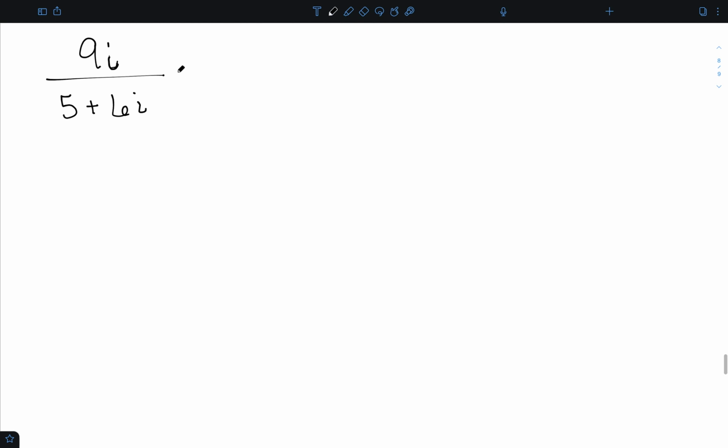Let's look at 9i over 5 plus 6i. The conjugate of the denominator is 5 minus 6i. We changed the sign on the imaginary part. So I'm going to multiply by 5 minus 6i over 5 minus 6i. 9i times 5 is 45i.